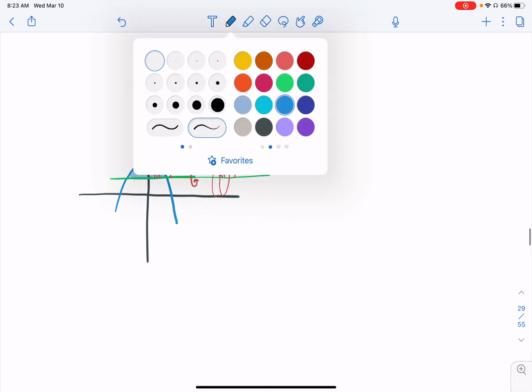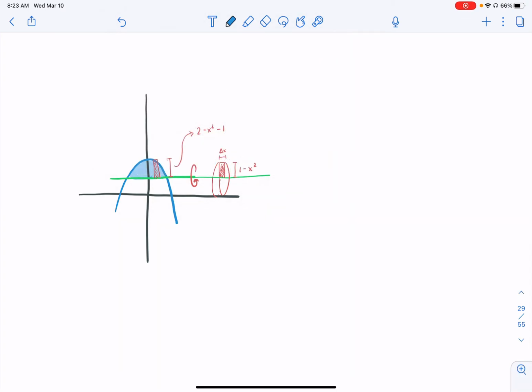So our volume is equal to pi, definite integral, from, what am I integrating with respect to? I've got to find out where these things intersect.